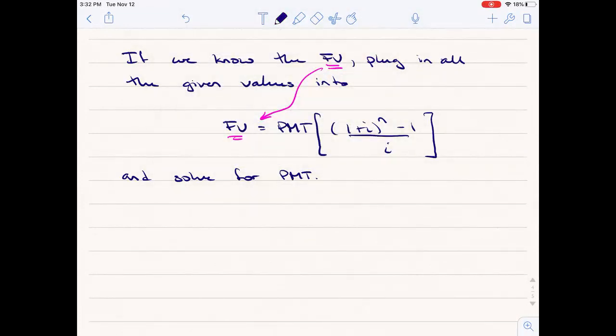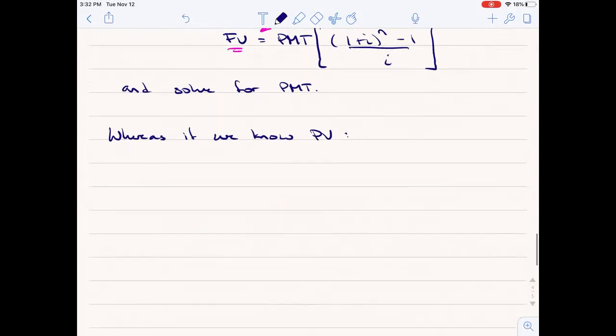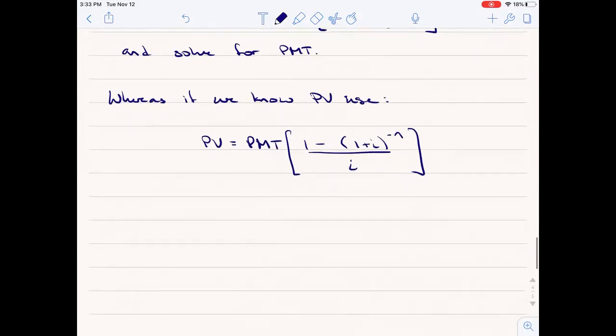Same idea, right? If we know the present value, whereas if we know PV, use the present value formula as the PMT times 1 minus 1 plus I to the negative n over I. And solve for PMT.